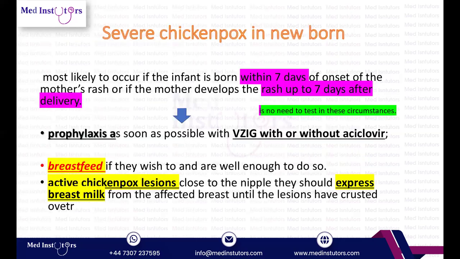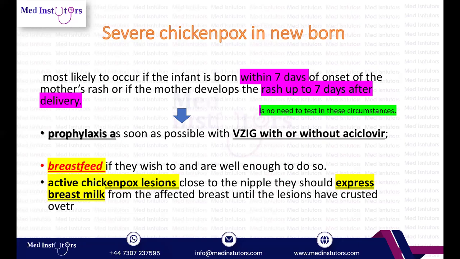But what happens when there's a severe chickenpox infection in the baby? It is most likely to occur if the infant is born within 7 days of onset of the mother's rash, or if the mother develops it up to 7 days after the delivery. So it is 7 days before or after delivery. That is the reason we were advising to delay the delivery up to 7 days.